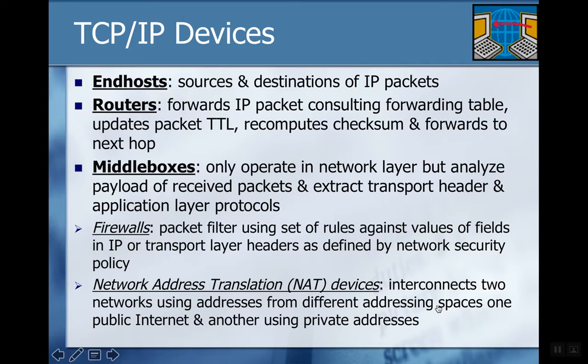You have more than 4 billion devices in the world. How are we able to do this? One of the mechanisms was to create a private address space in TCP/IP, which sits behind this NAT device. We'll be explaining how these things work over the course of this discussion.